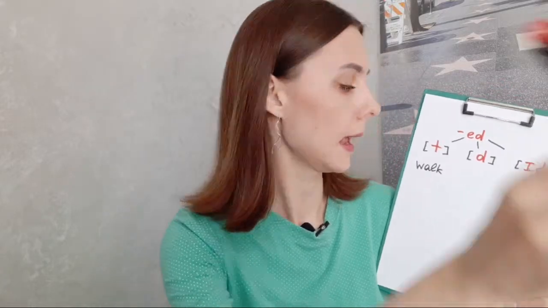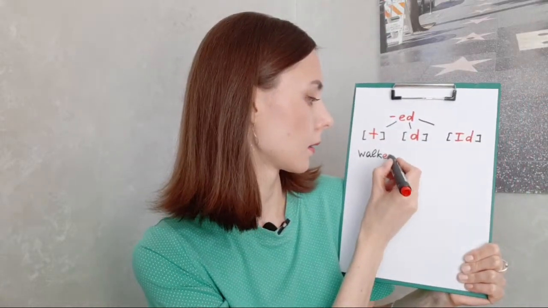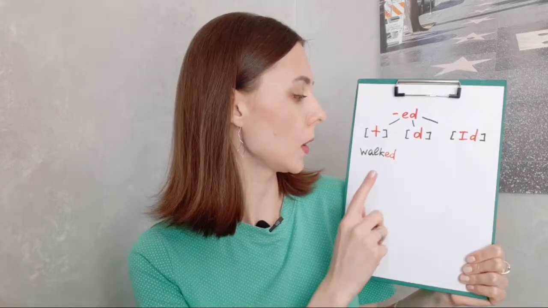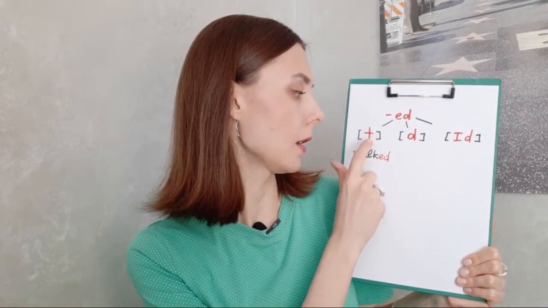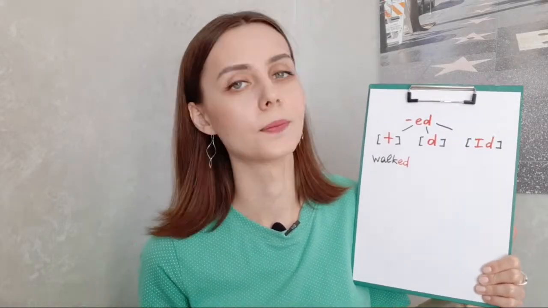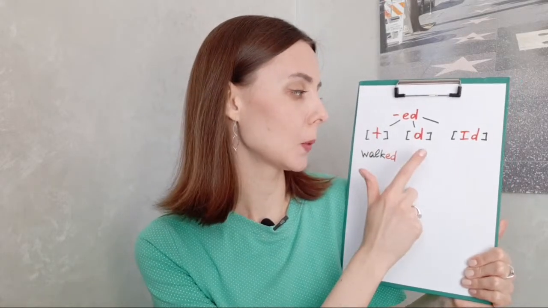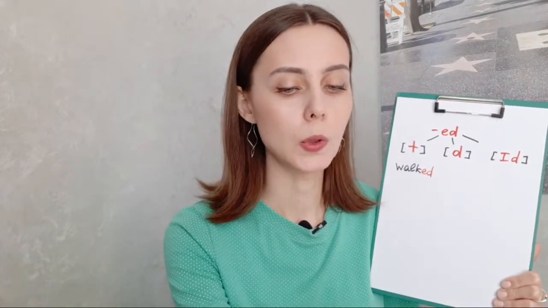When you add ending ed here, walk, k is voiceless or unvoiced. That is why you would pronounce it with an unvoiced consonant, which is t, walked, walked. All right, so what happens with d? For example, we have the word love.